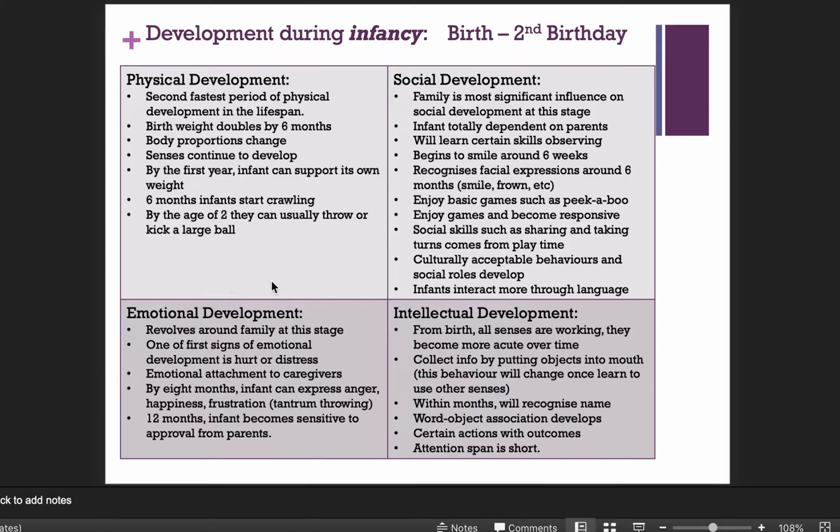Their only form is to make that squeaking, squawking, crying noise. So that could mean happiness, it could mean sadness, it could mean I need a nappy change, it could mean I am hungry, it could mean I'm just uncomfortable or I am cold. So it's not that babies just cry, babies are trying to communicate with us, but we need to try and understand what their signs and symptoms are so we can really help them out.